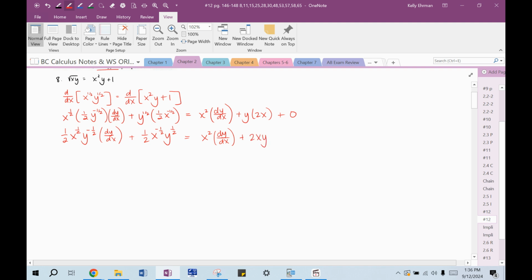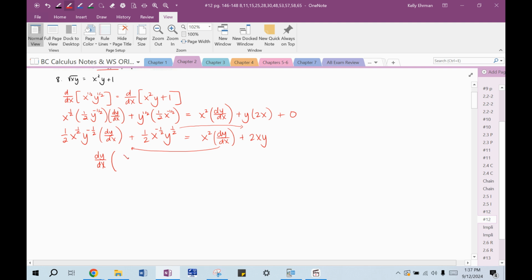All right, now it doesn't matter what side you move your dy's to, but if I move this term to the left side, and if I move this non-dy dx term to the right side, I would get dy dx. If I factor this out, I would get, let's see, so now I think I'll change my exponents around.